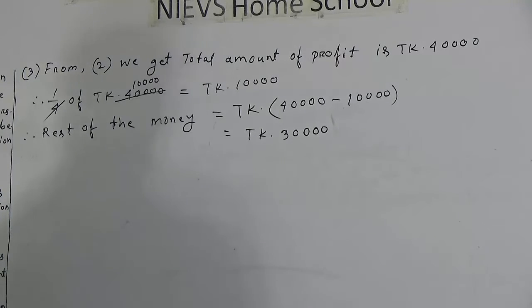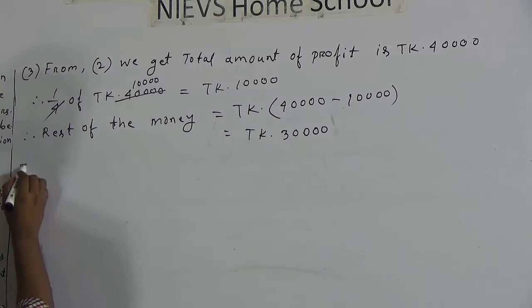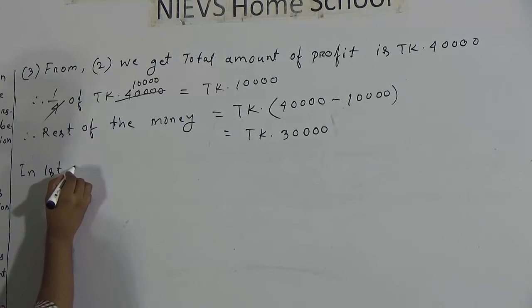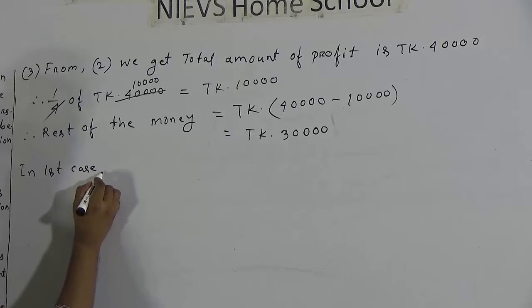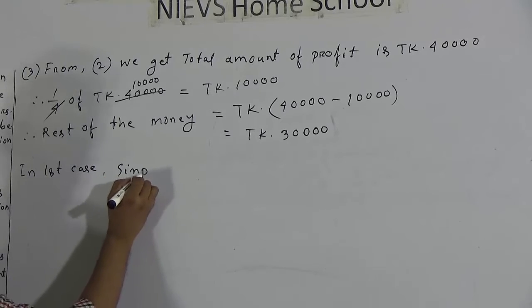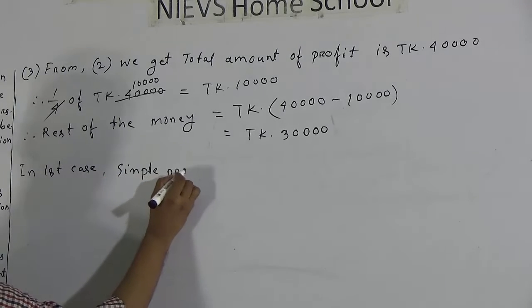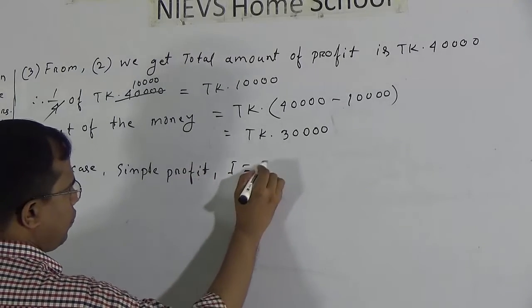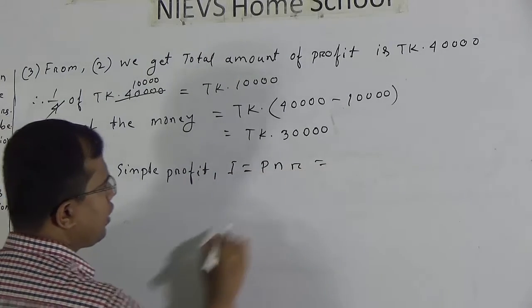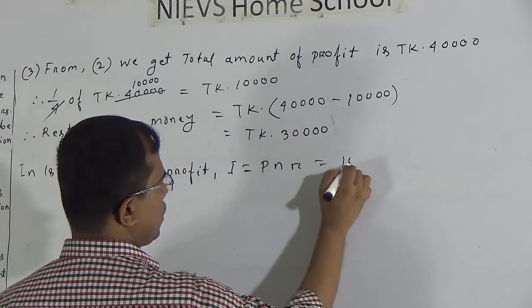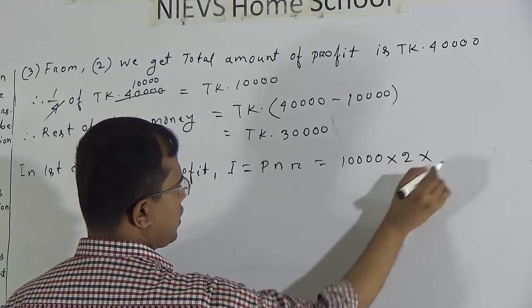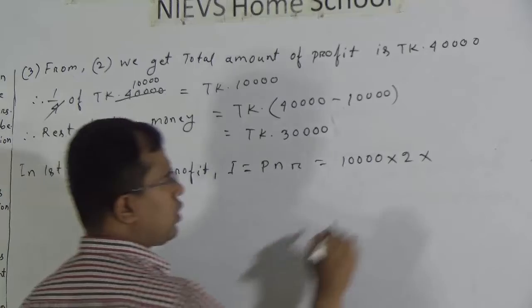So in first case simple profit I equal to PNR, and here P equal to 10,000, multiplication n equal to 2 years, multiplication rate of profit equal to 5%.